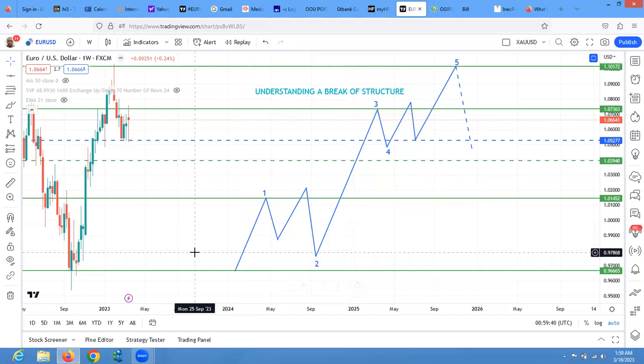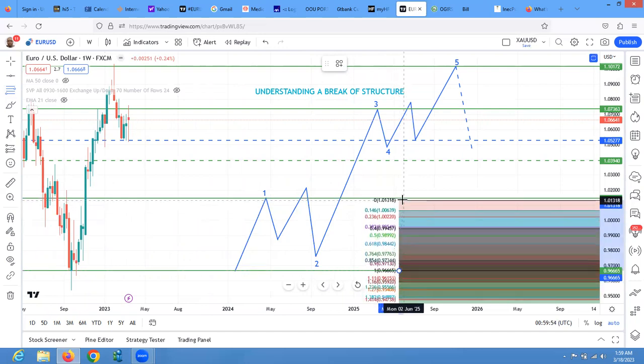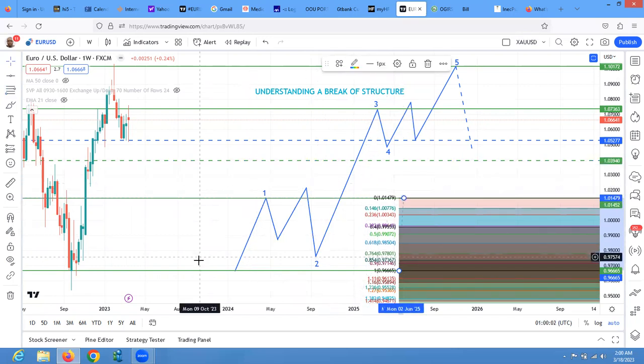The structure of wave 1 would only be broken and something will give if what you are seeing here, because most of the time you don't even know if it's wave 1 structure or not. Orientation is key.